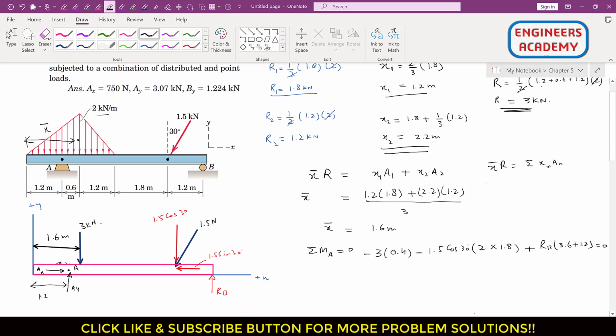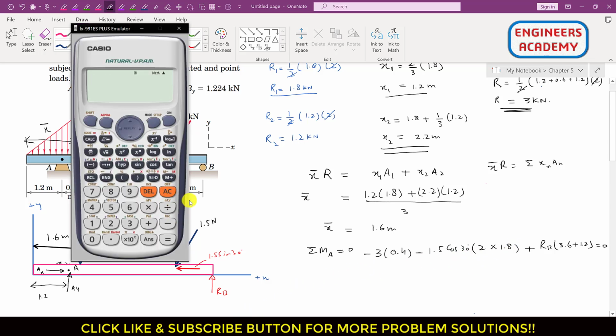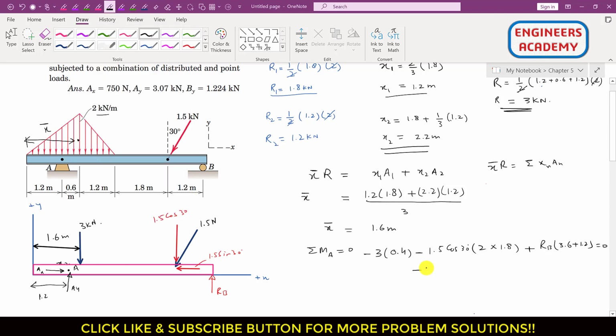So this will give us that same RB, right? So let me calculate it. Minus 3 into 0.4 minus 1.5 cos of 30 into 2 multiplied by 1.8. So this gives us minus 5.88 plus RB, and this is 4.8, equals to 0.